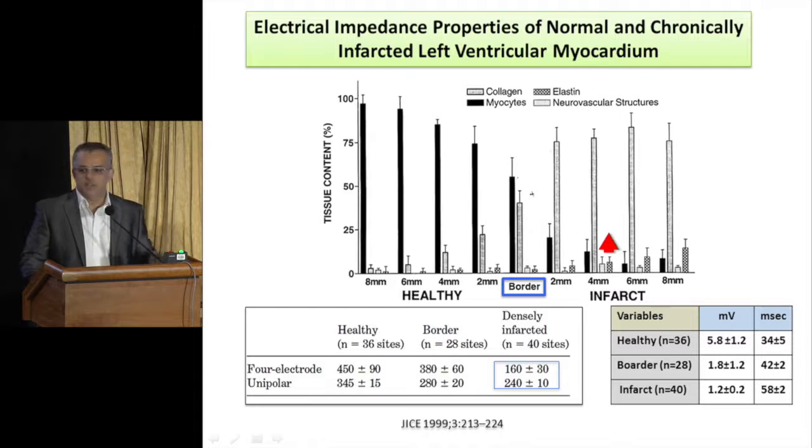So when we look at the scar in terms of VT, we all know that impedance is different from healthy tissue to scar. You can see it here. As we go from areas of normal tissue here to scar, the impedance will change significantly.